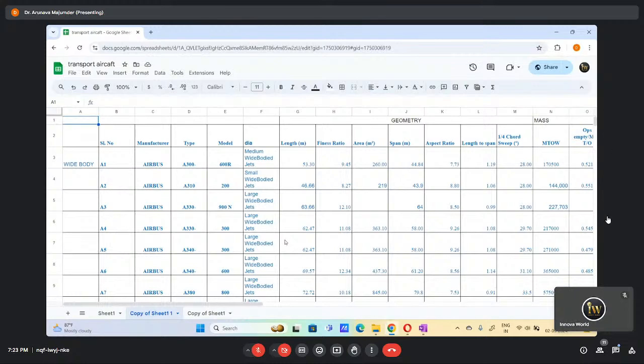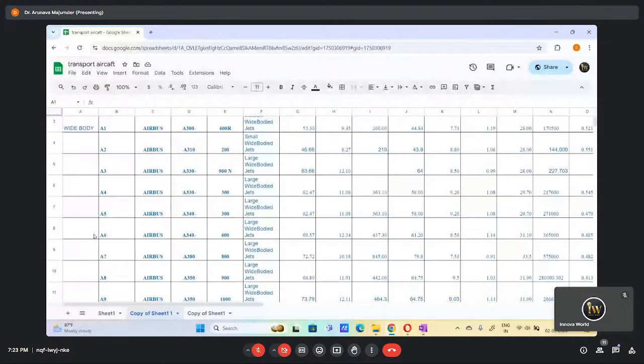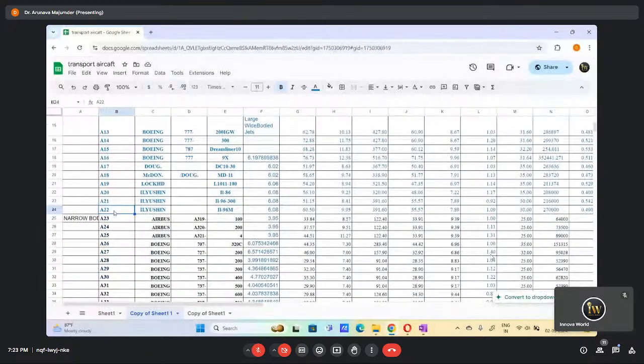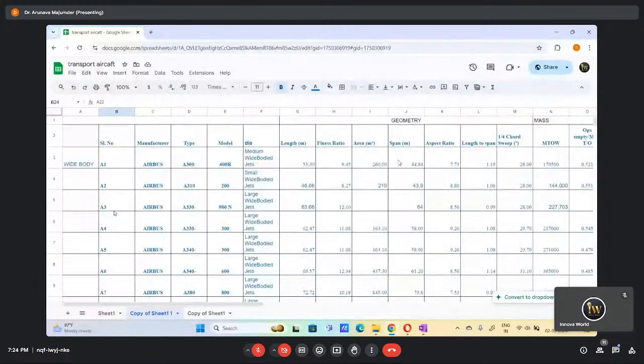I think this one is visible to all of you. This is a data set of aerospace engineering, and you can see there are different serial numbers. The first column, column B, starting from here, is the wide body data set, and it is up to A22. The first column is representing the serial number.